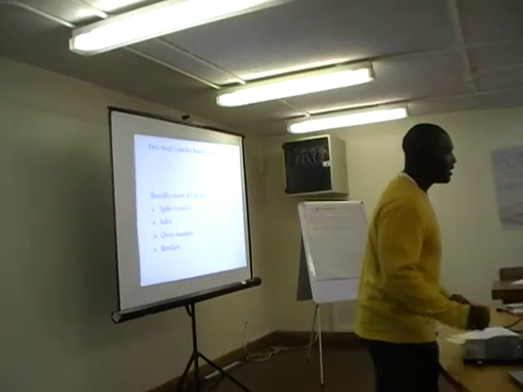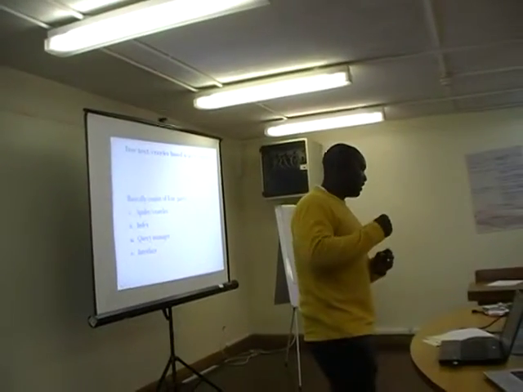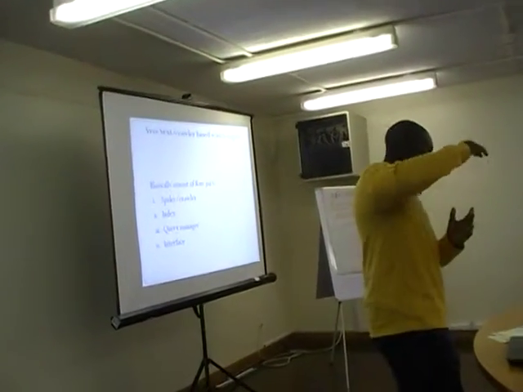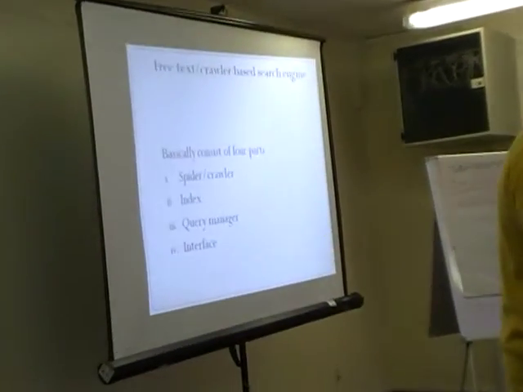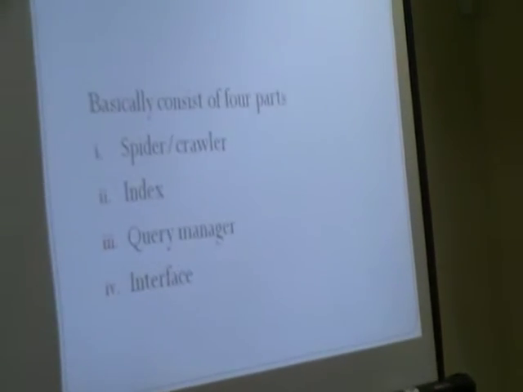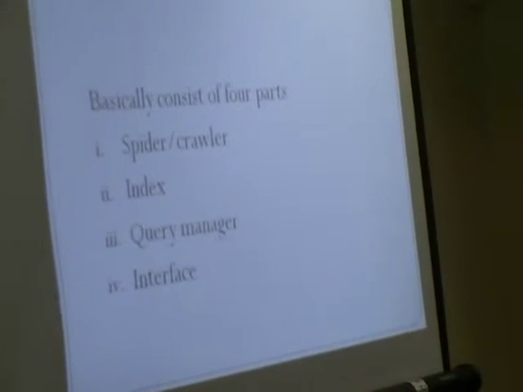The spider is basically a robot that starts with a list of websites or URLs and visits the sites again and again to gather information. It crawls the web to gather information.